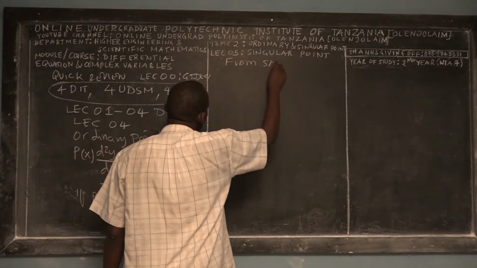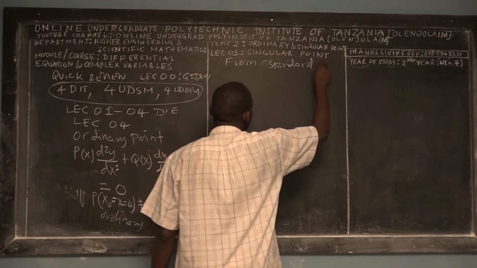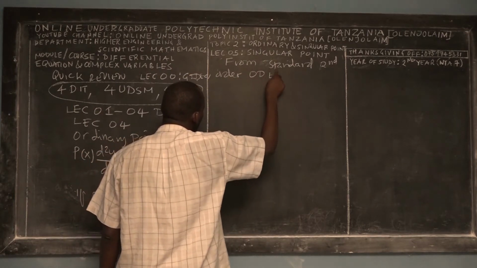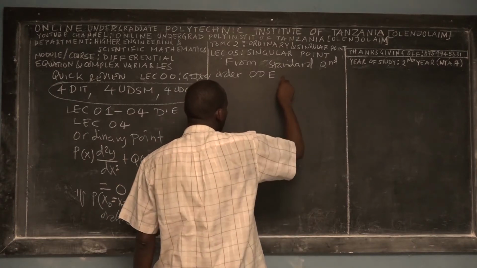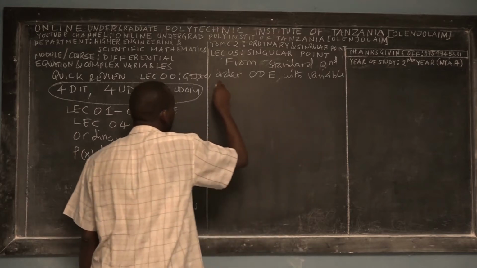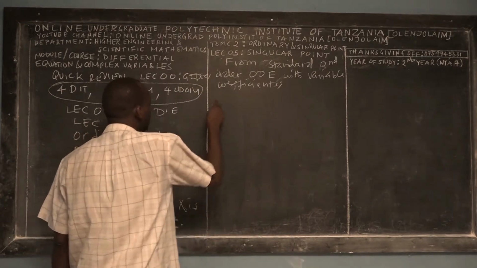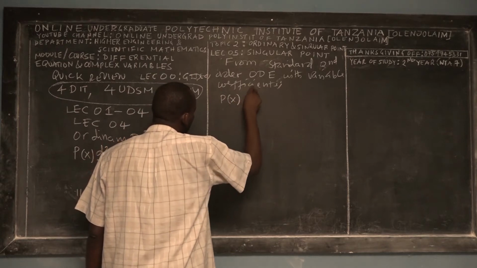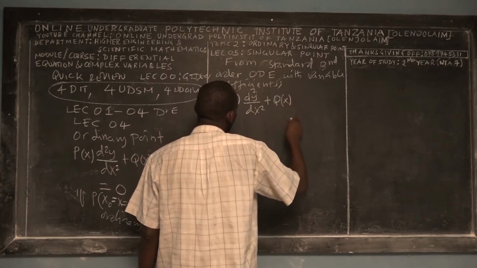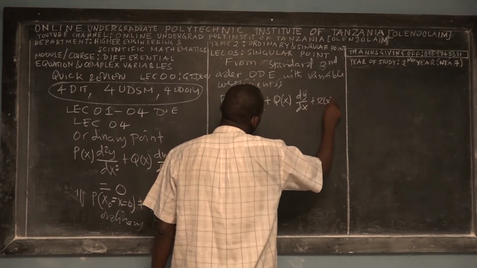From the standard second order ordinary differential equation with variable coefficients, right? With variable coefficients we have P of x times d squared y by dx squared, plus Q of x times dy/dx, then plus R of x times y is equal to 0.